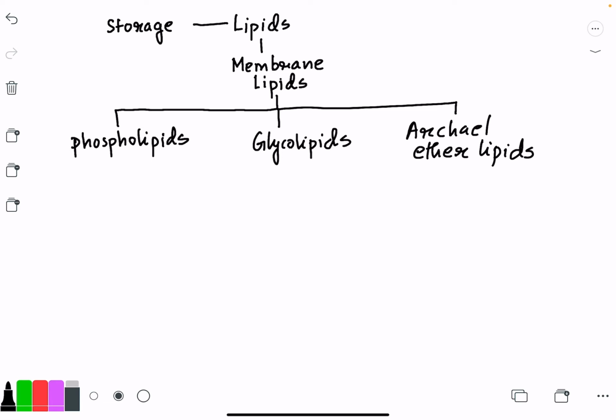The first one is phospholipid. It is of two types: glycerophospholipid and sphingolipid. Now, glycolipids are again divided into two types.